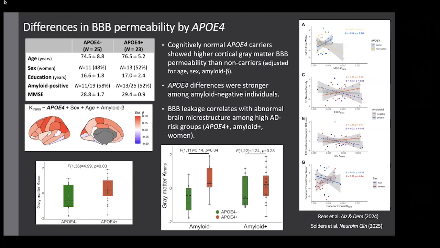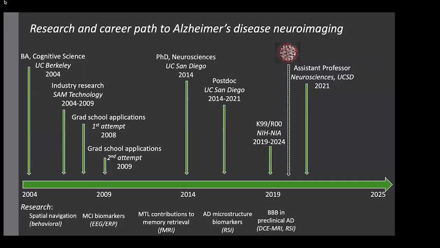And I'll note here that women actually have twice the prevalence of Alzheimer's disease than men. So these three groups here are all high risk groups for developing AD, which suggested to us that blood-brain barrier permeability might be linked to early markers of neurodegeneration in groups who are at increased risk for getting Alzheimer's disease.